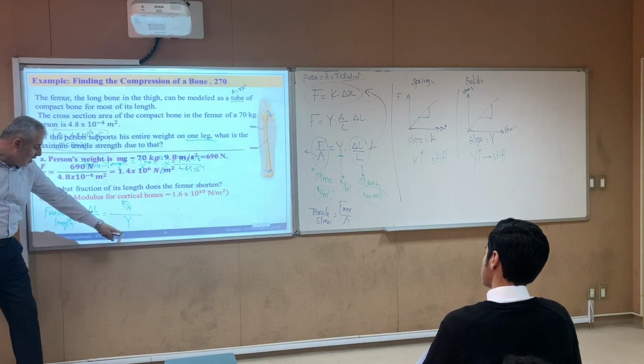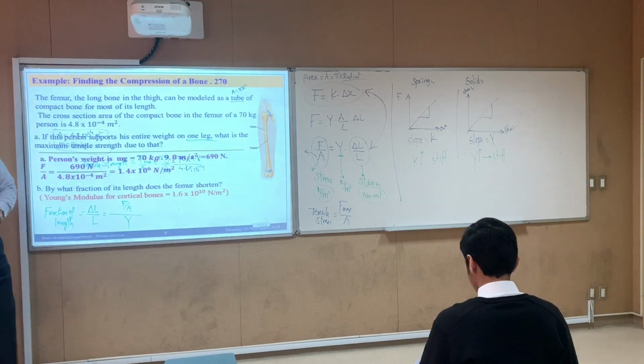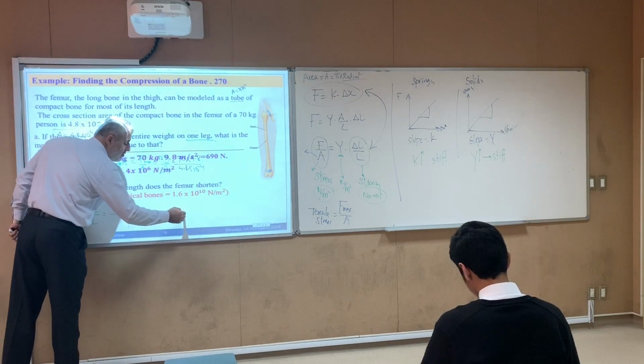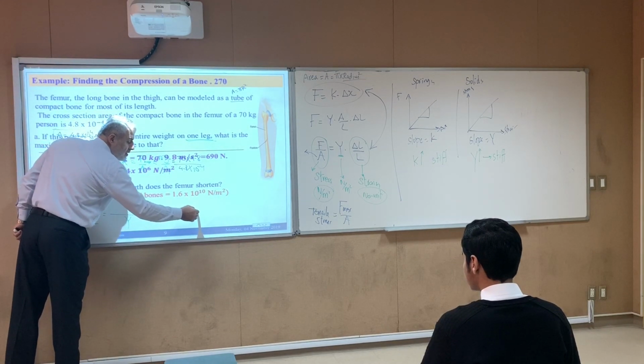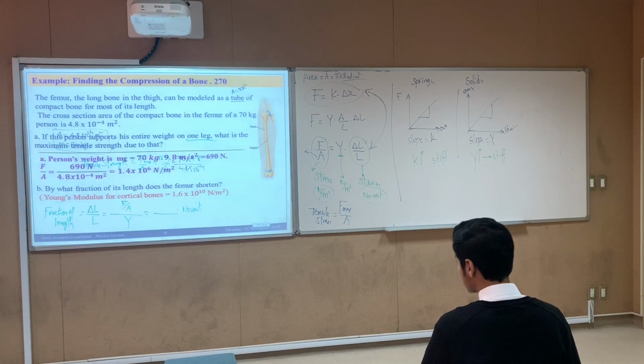F over A we already found, so plug in this one and this one. Of course, here there will be no unit, because it's length over length. Is it clear, guys?